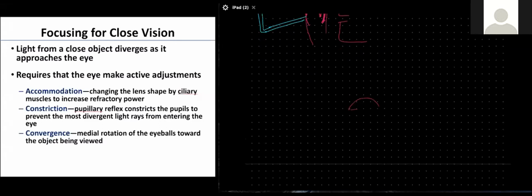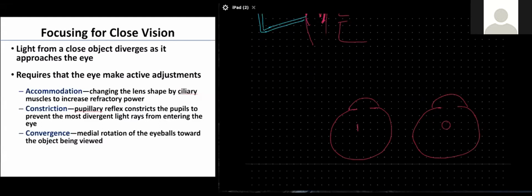How many pictures do you detect for any object that you're looking at? How many cameras do you have? We have two eyes.